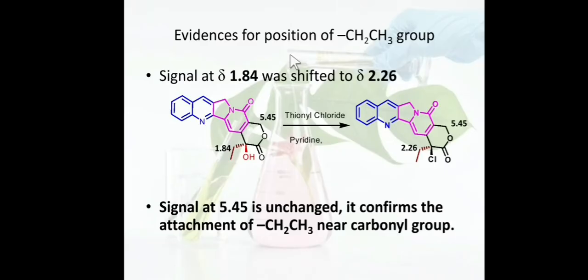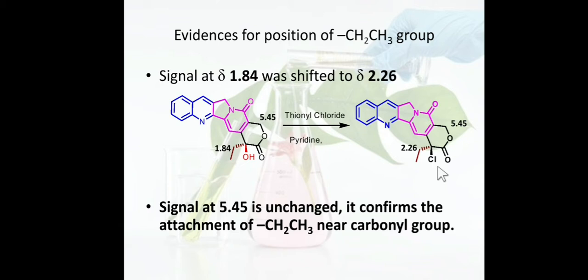Also, we discussed some chemical shift changes after derivatization of the functional group. We changed the alcoholic OH group of camptothecin by treating it with thionyl chloride and pyridine, converting it to Cl.